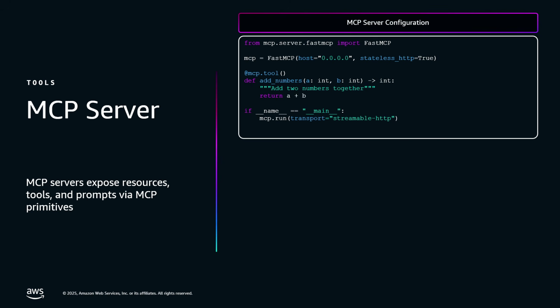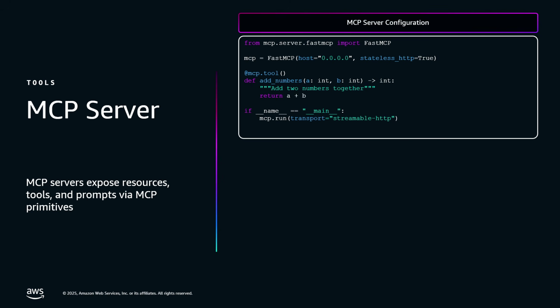I'm going to focus primarily on tools here. So here you see an example of using the FastMCP library in Python to create that very simple add numbers tool that we described before. It's simply a matter of adding a decorator into your Python application. That add numbers function could come from anywhere.